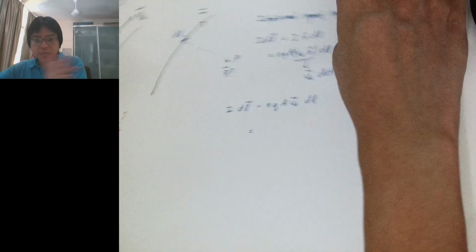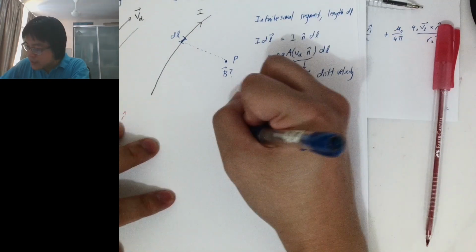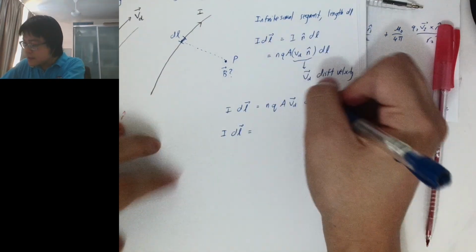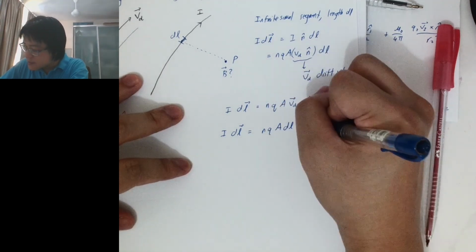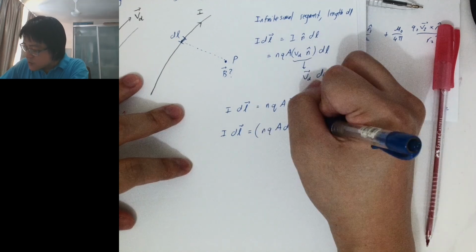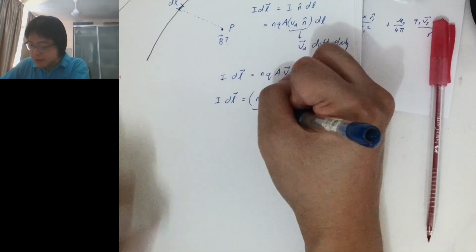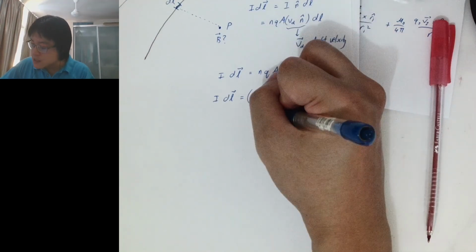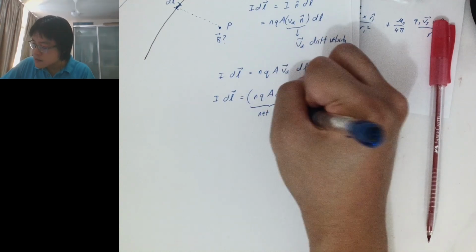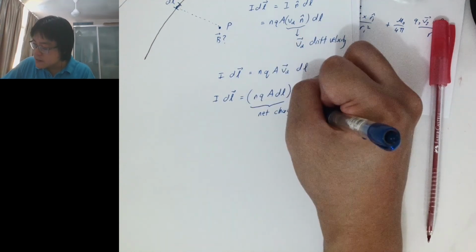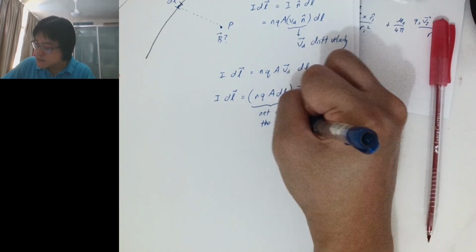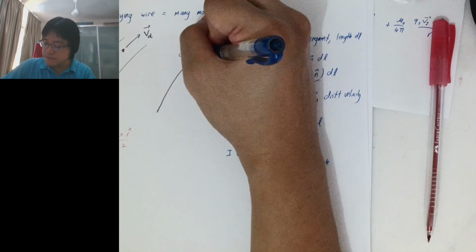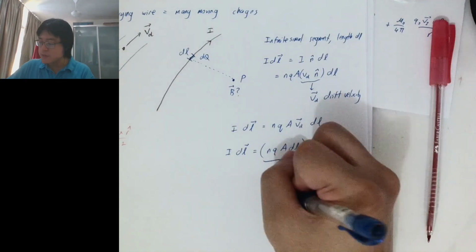So I will split the V outside, so I got IDL, and this equals NQA dl, and then this is V. Again, recalling from what we know from chapter 4, this is the net charge inside the segment. It has some value of net charge, so I'm going to call this dq.